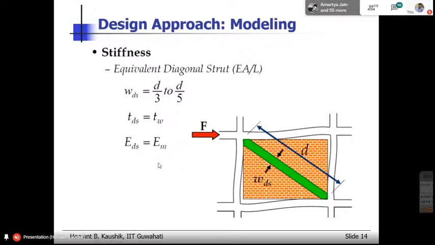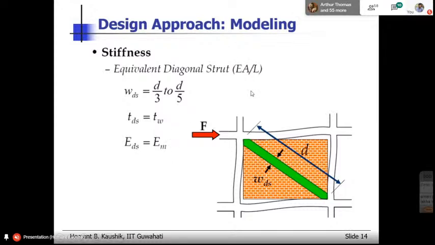So what is unknown here? We know the thickness of the wall already, so one dimension is known. We know this diagonal length also because we know the dimensions of the frame. So this we can find out, and we know how much is the cross-sectional area of the strut. If we know the modulus of elasticity of masonry, we can model this AE by L very easily.